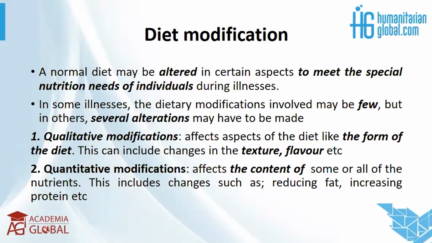So here we are dealing with amounts, quantities, playing around with the quantities. Qualitative is the quality of the diet, and quantitative is the specific amounts that are there. So those are the two general aspects in which modification of diets can be done.